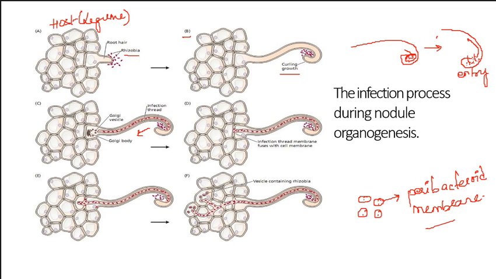The growth of the infection thread will stop and the bacteria will be released. Free, naked bacteria are not released. When the bacteria are released into the respective cortical cells here and here, you can see they are enclosed in a peribacteroid membrane. We will discuss the peribacteroid membrane in detail.